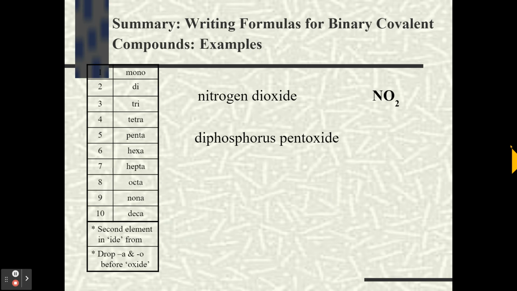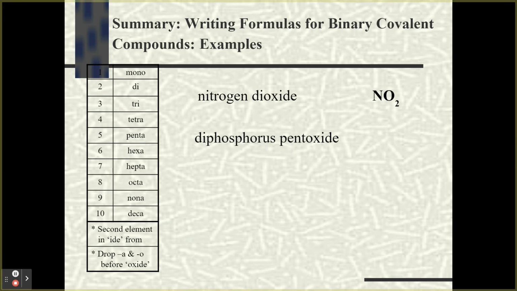For example, diphosphorus pentoxide. Diphosphorus. So what's the first element here? Phosphorus. And what's the symbol for phosphorus? P. How many P's do I have? Again, the prefix in front tells you di means two. So therefore it's P2. What's the second element? Pentoxide. Oxide is your second element.